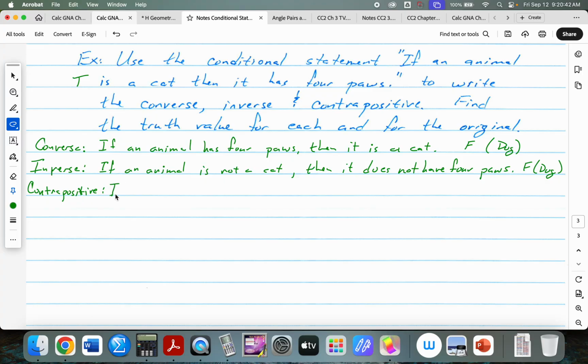So that would be if an animal does not have 4 paws, then it is not a cat. True. That's a true sentence. If it doesn't have 4 paws, well, that's not a cat.